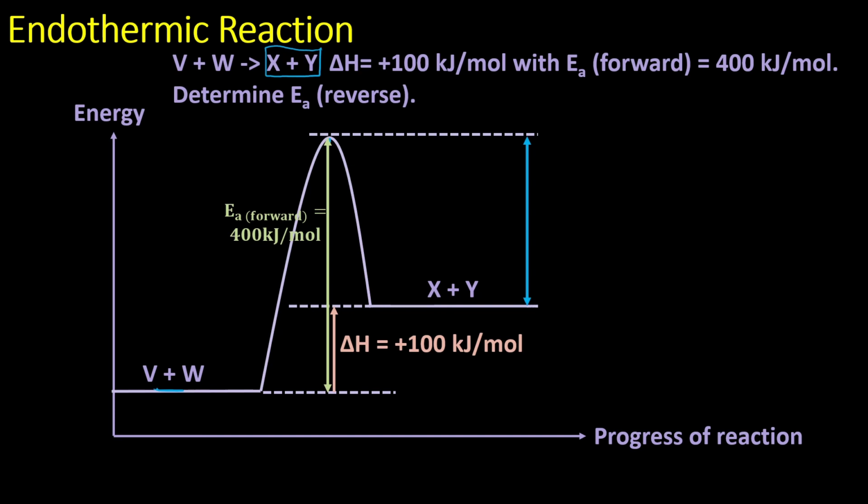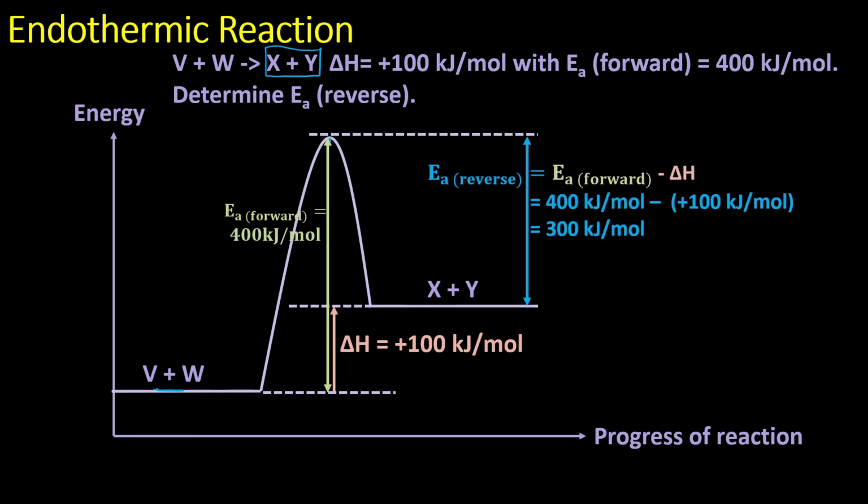So this is the activation energy for the reverse reaction. To calculate it, again we apply the formula: activation energy of the forward reaction minus the enthalpy change, that is 400 kJ per mole minus 100 kJ per mole of enthalpy change, to give us 300 kJ per mole as the activation energy for the reverse reaction.